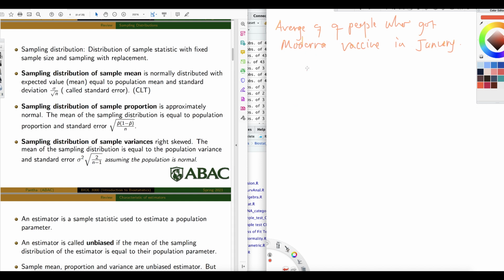Okay, so for example, if you go to a hospital in Georgia, and then let's say you find out the average age there, let's say you got 53. Okay, you go to another state, let's say Tennessee, and then you find out the average age of the people they got in a particular hospital there is, let's say 46.